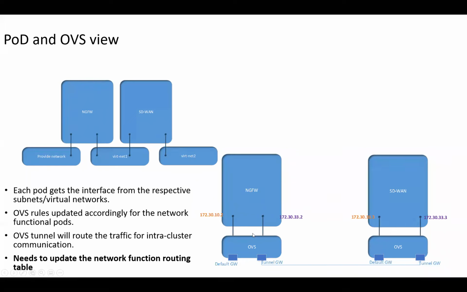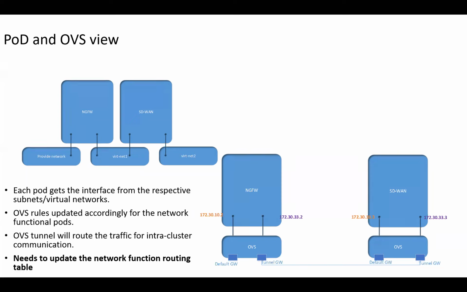It's not going to exit your OVS bridge, right? It's a typical use case. In a typical Antrea use case, any pod-to-pod communication within a node is local, and any pod-to-pod communication between nodes goes through the tunnel. So we still maintain the same flow for communication between CNFs among pods.